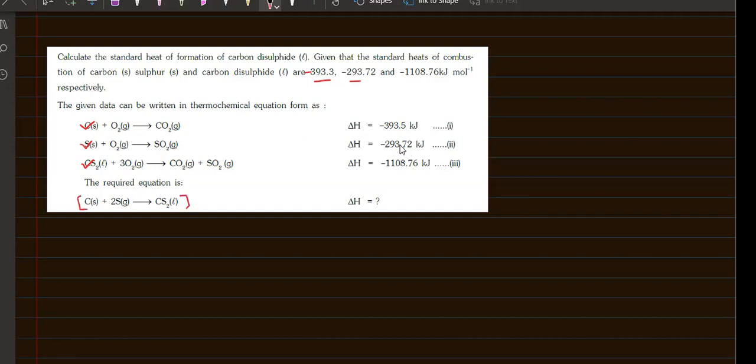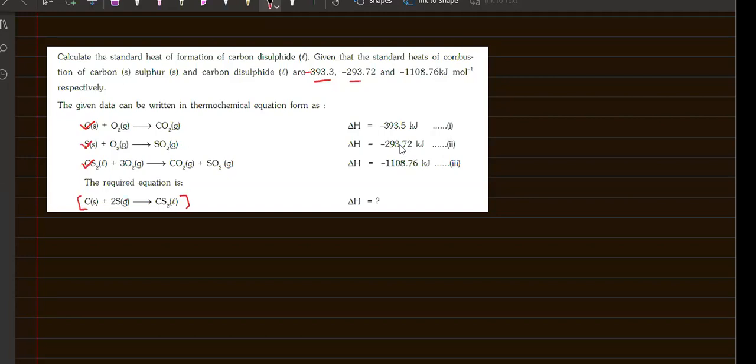Now just think about this. How can you modify this equation to get this equation? Let's see what your reactants are: this carbon and this sulfur. This is 2S and this is S gas, so again this is a mistake; this should be S solid only.